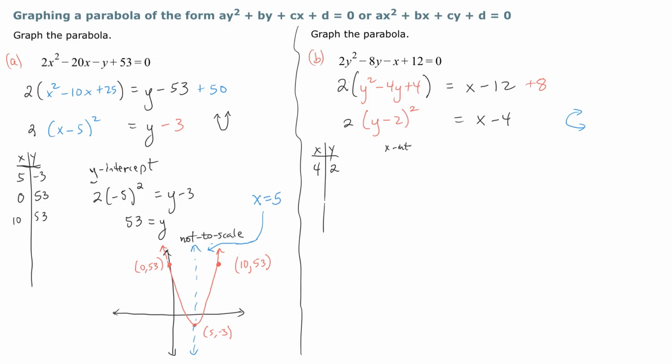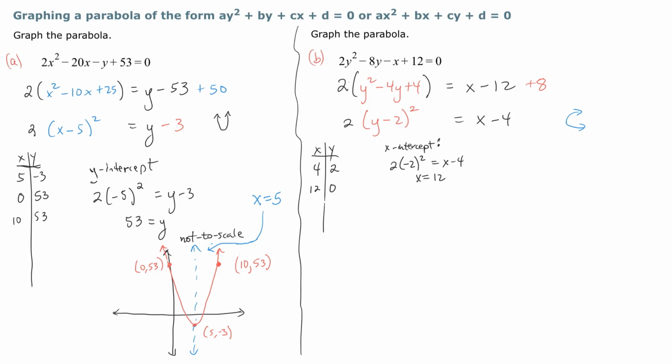The x-intercept is when y is 0. So 2 times negative 2 squared is equal to x minus 4. x is equal to 12. So when y is 0, x is 12.